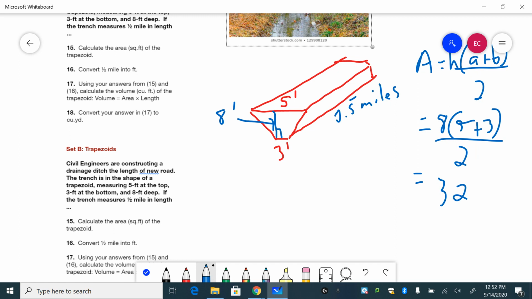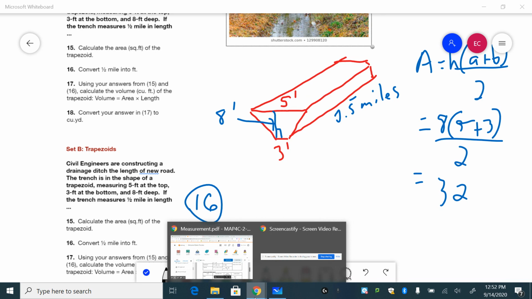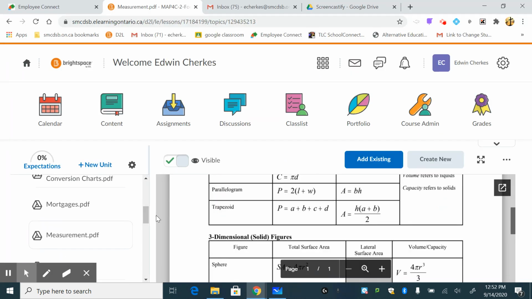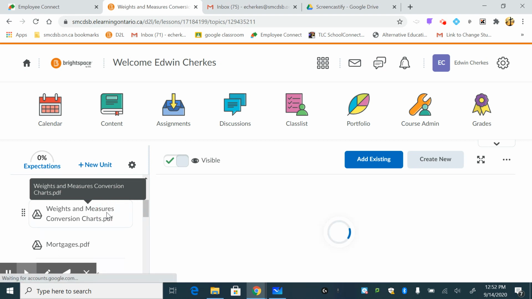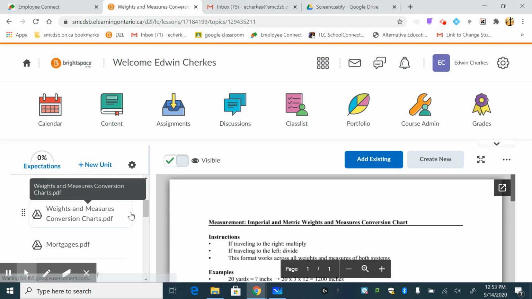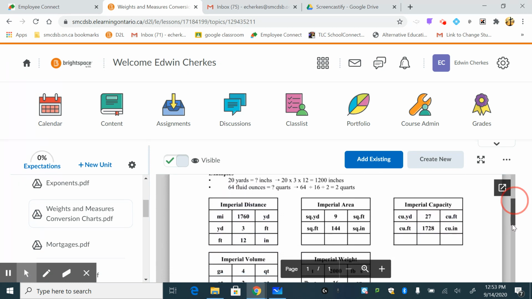Now you're doing 16. So 16 says convert half a mile into feet because we got to work with all the same units. So go to your formula package and you're going to want to go to the conversion table. So we're going to look for miles to feet because we have miles and we want to convert it to feet. So MI is miles.